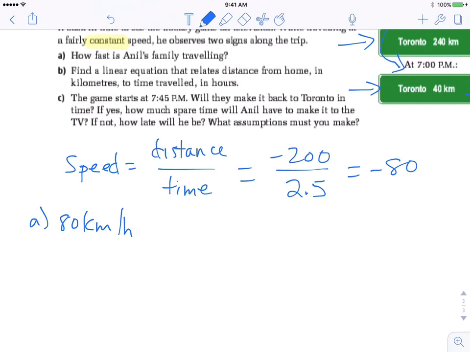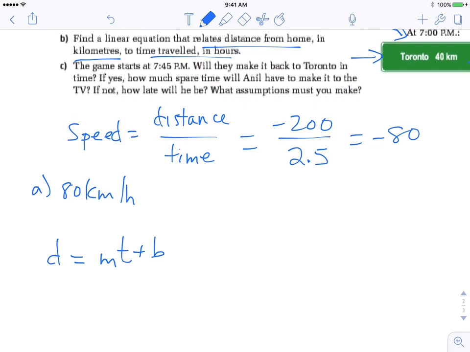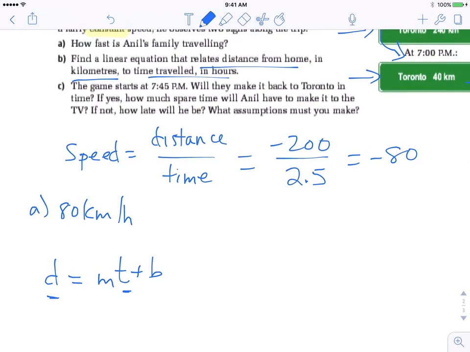Find a linear equation that relates distance from home in kilometers to time traveled in hours. So the distance equals mt plus b. Same thing as saying y equals mx plus b, but we know on the y-axis we have distance. On the x-axis is time. That's the only difference. So when the question says find an equation that relates distance in kilometers to time traveled in hours, we want to use d and t.